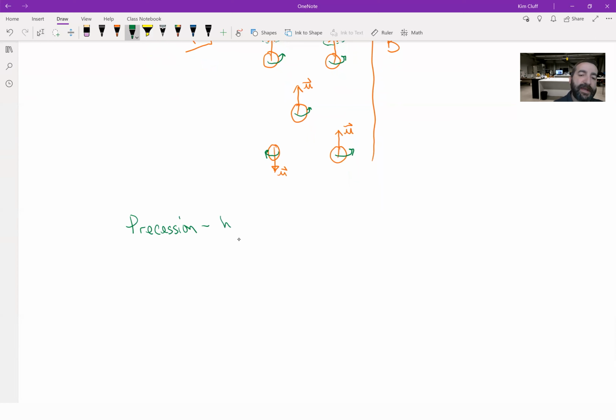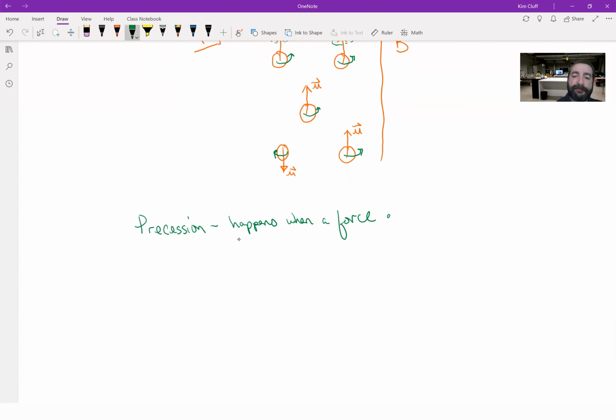Precession happens when a force is applied to a spinning object with angular momentum.